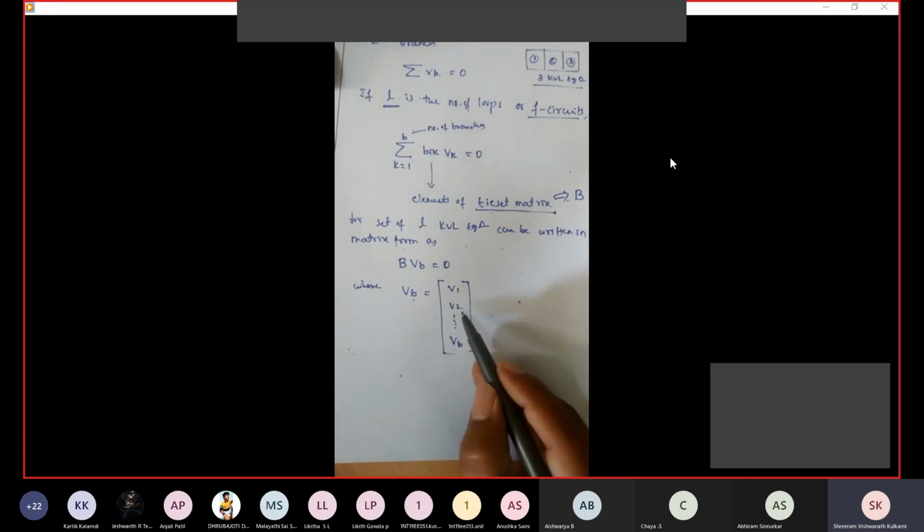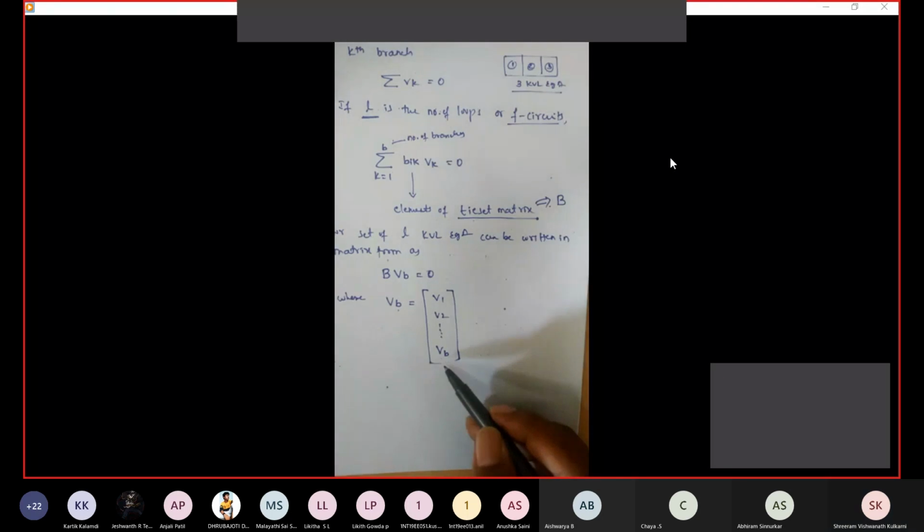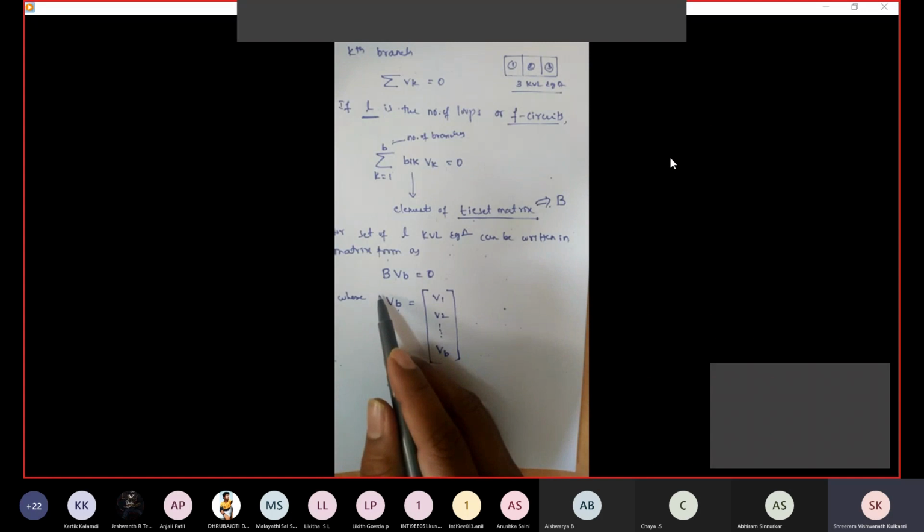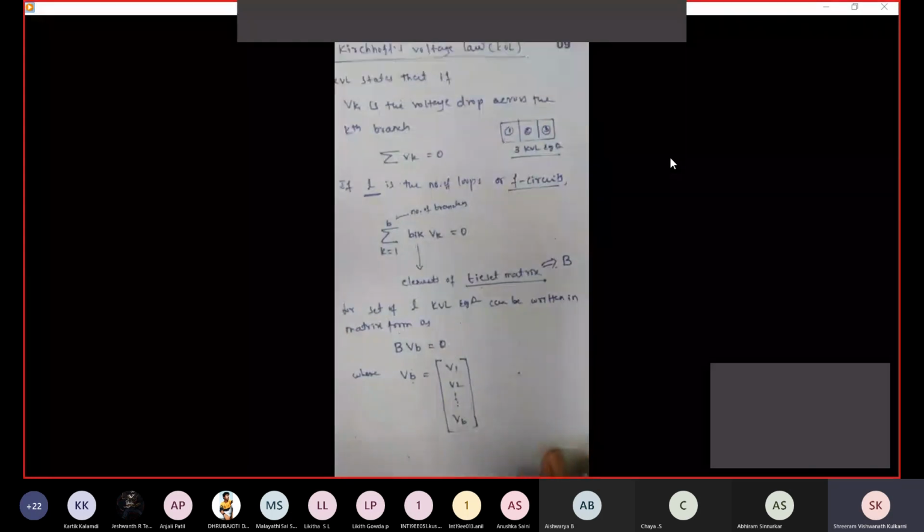These are nothing but the branch voltages. B is the tie-set matrix, you can call it a fundamental circuit matrix.